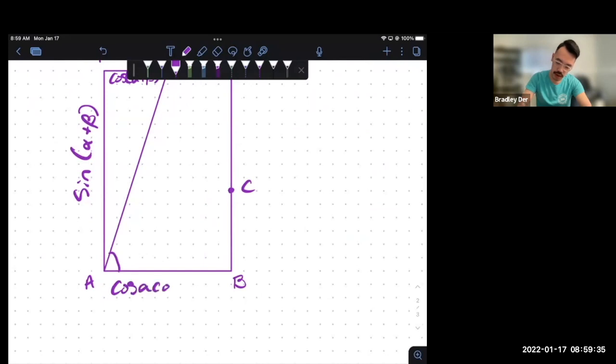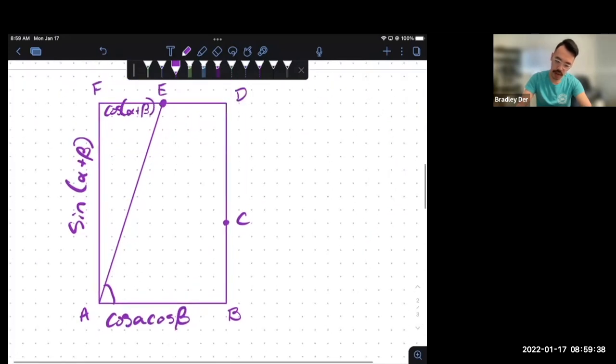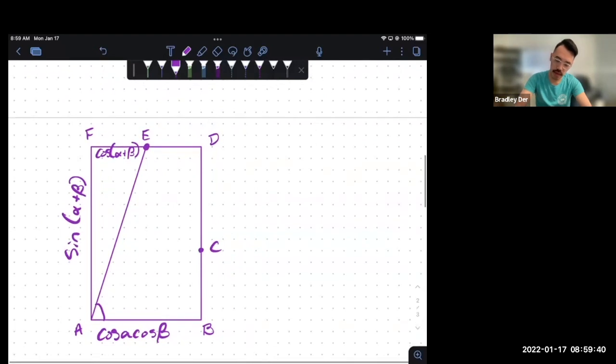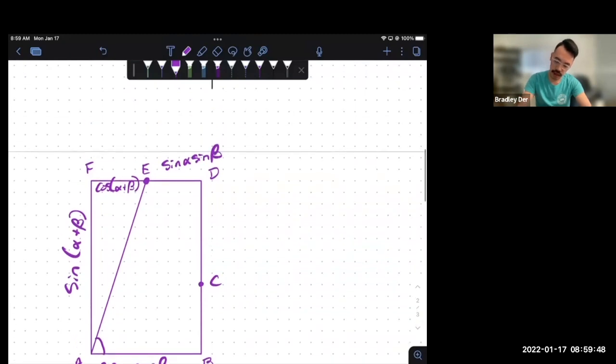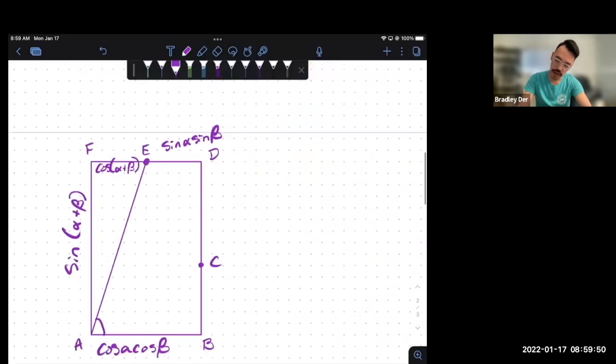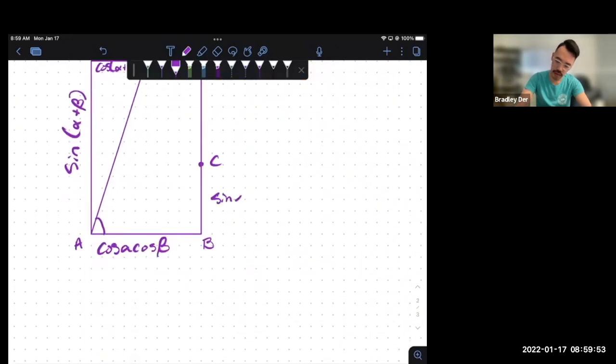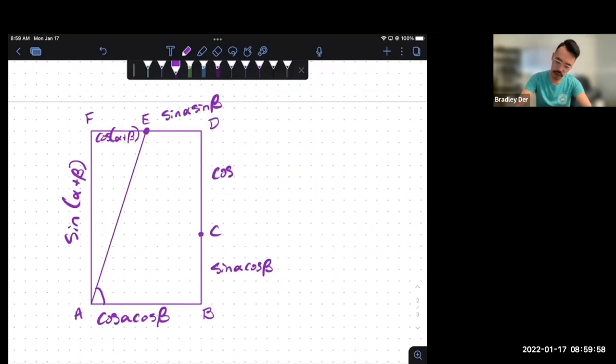ED, actually, remember we said was sine alpha, sine beta. And then CB, I have to peek at. Sine alpha, cosine beta. And then this would have been cosine alpha, sine beta. Right, and you'll notice that we now pretty much have all of the side lengths around the perimeter of our rectangle.